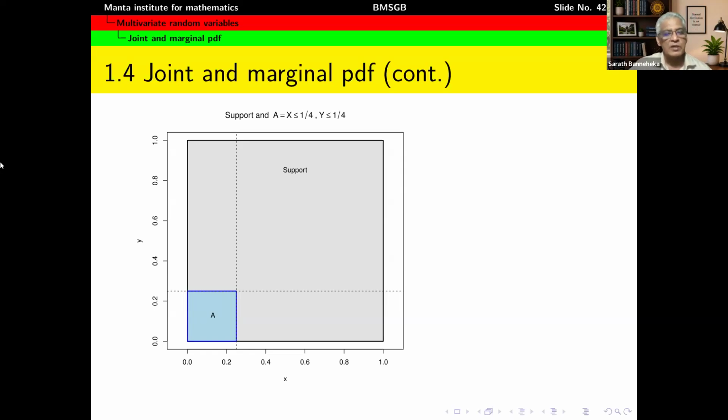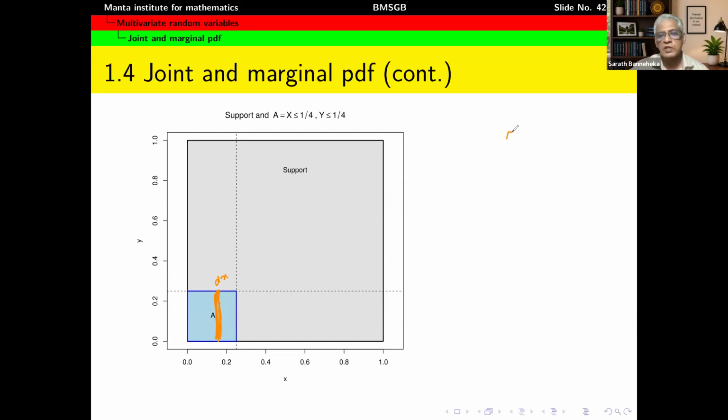But I usually like to consider the vertical line when considering the integration here. So in that case, I will first consider a certain vertical stripe with dx width. And then along this line, I have to integrate with respect to y. X is first fixed, and then I first integrate with respect to y, but the limit of y will be from 0 to 0.25.